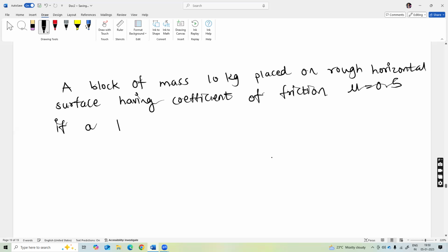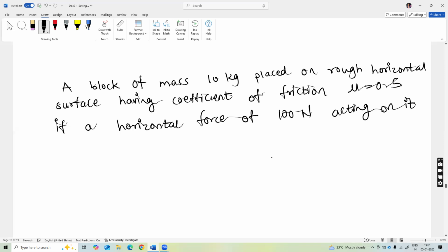If a horizontal force of 100 Newton is acting on it, then the acceleration of the block will be.